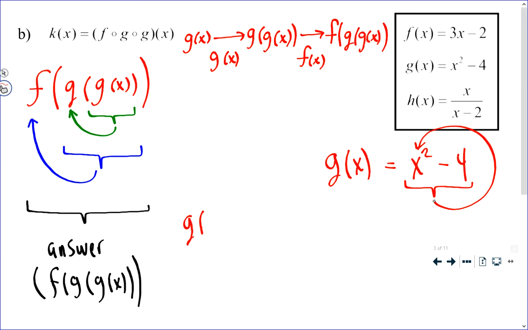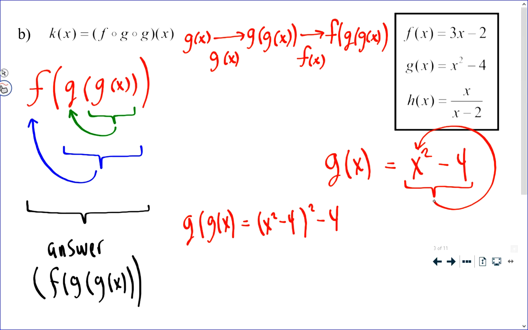So g of x will be the input squared minus 4, but the input is x squared minus 4, so we end up with that expression. I'm not going to worry about foiling that out, because if we foil that out, we are going to get a degree 4 polynomial function. And that is not the point of what we are doing today. So when I put x squared minus 4, which is g of x, in for x in g of x, I get x squared minus 4 quantity squared minus 4.